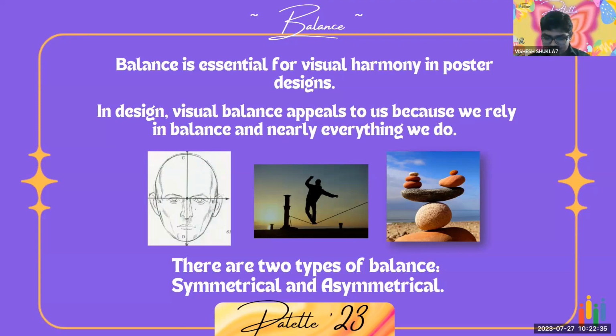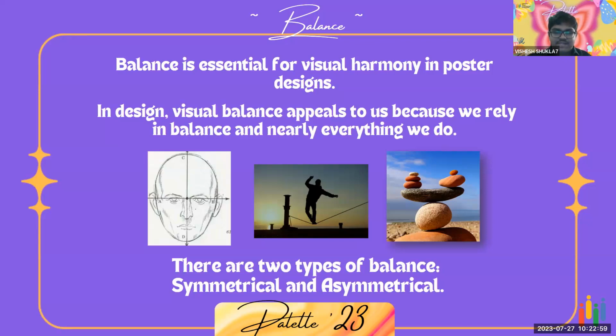That's why balance feels very grounded on your poster page. Balance can also make your elements stand out more or be a little more subdued in your poster, so it can create a difference between different elements.